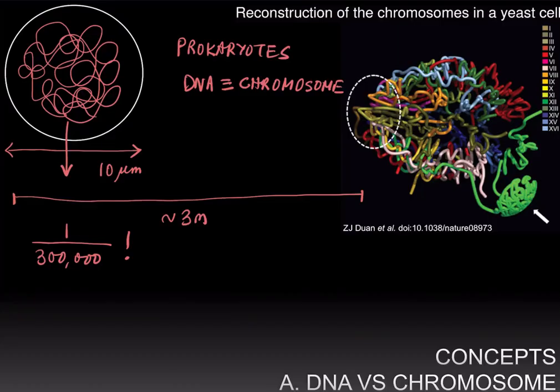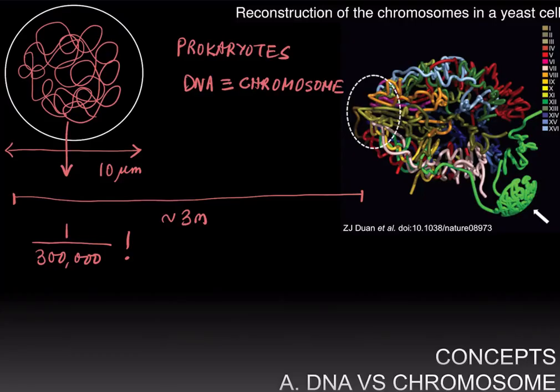So you have this big jumble of DNA in the nucleus, but when the cell divides, you want to be able to organize this mess and reliably segregate the DNA so that each daughter cell gets an equal amount of DNA.